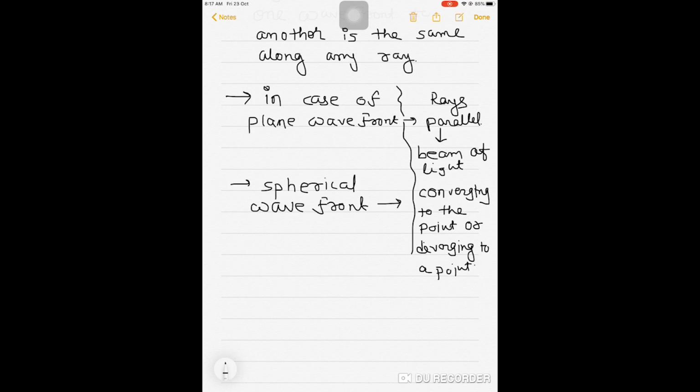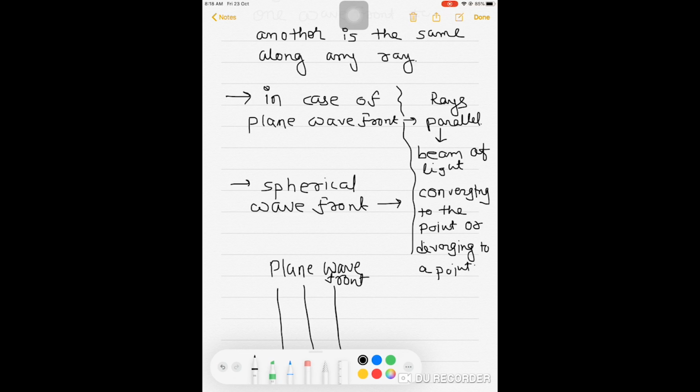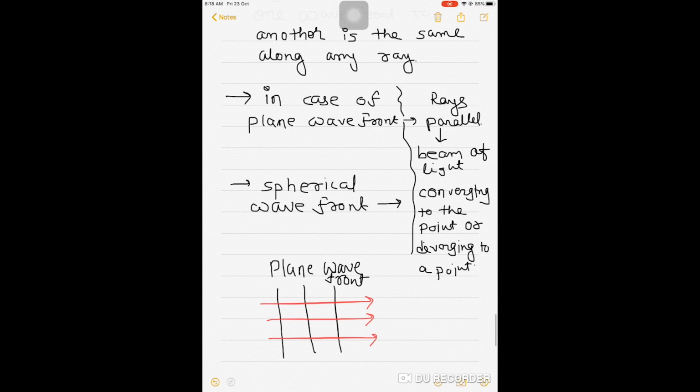So suppose for plane wavefront we draw this type of lines, then this is our plane wavefront, then we can say the rays are parallel because the nature of ray is to move perpendicular to the wavefront.